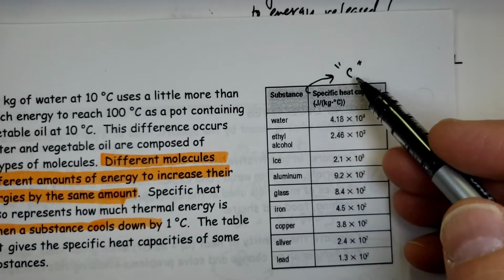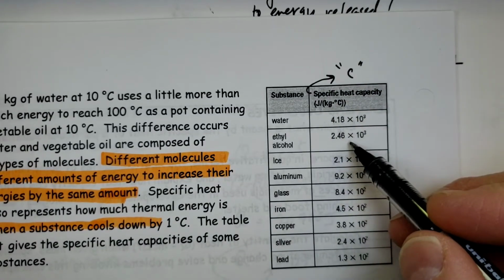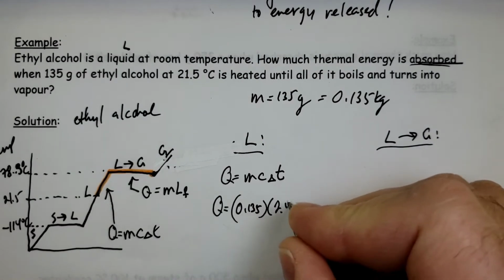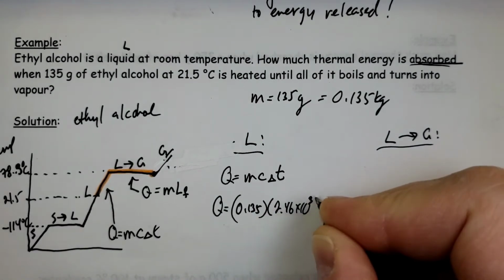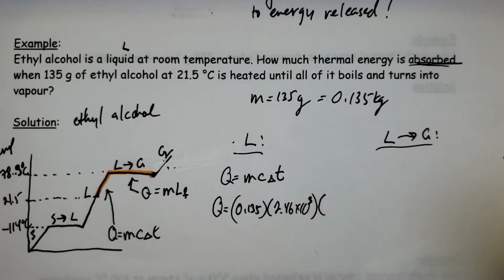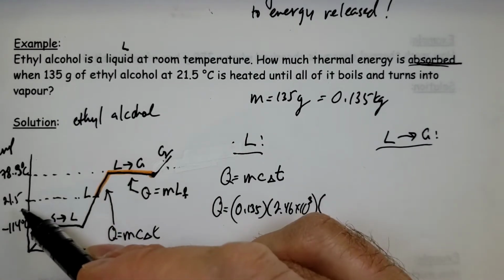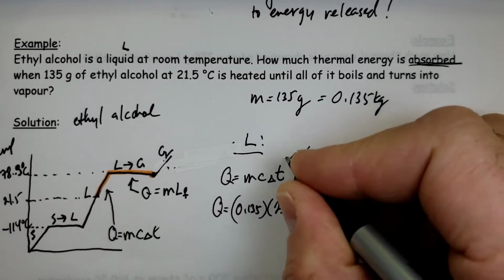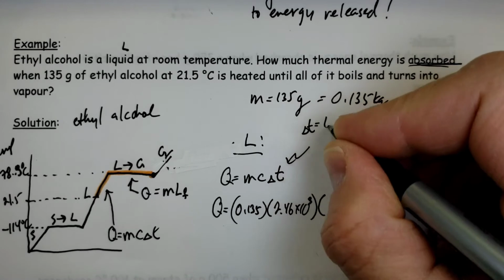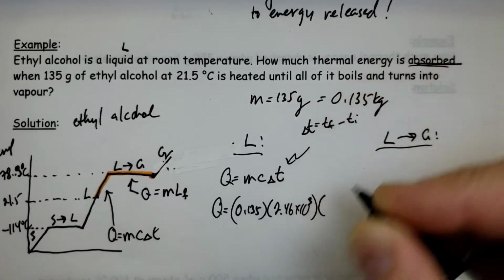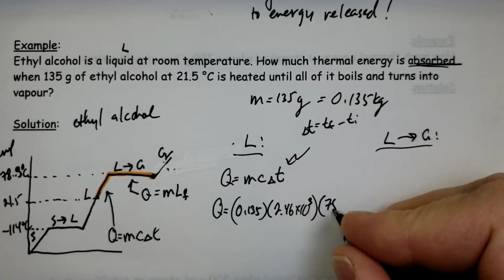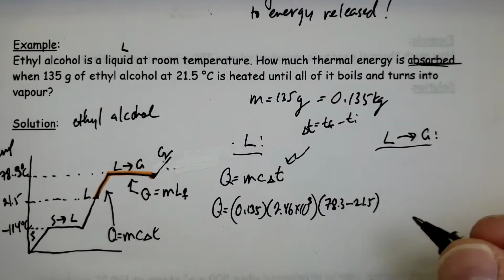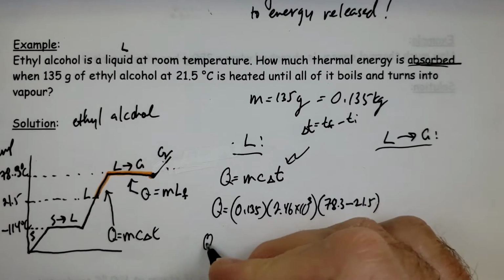So the c value for ethyl alcohol is 2.46 times 10 to the 3. Okay, and our temperatures, we started off at 21.5, ended up at 78.3. So of course we know that ΔT is equal to final temp minus initial temp. So my final temp, 78.3 minus 21.5. I just did that all in one step right there.